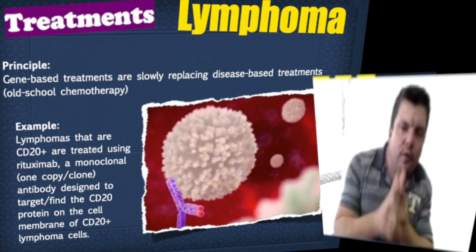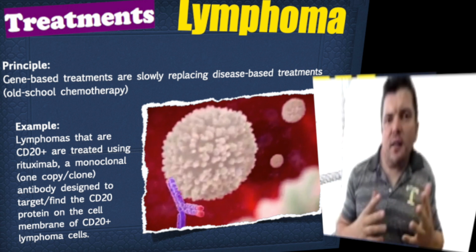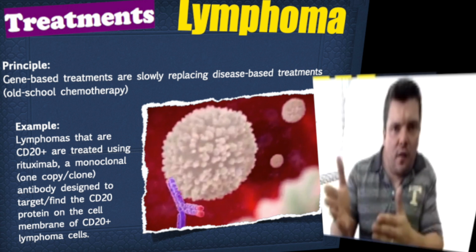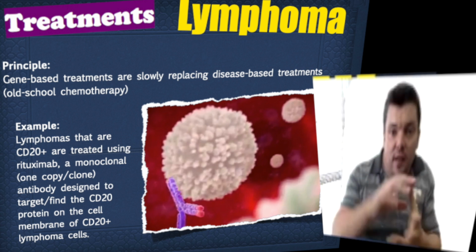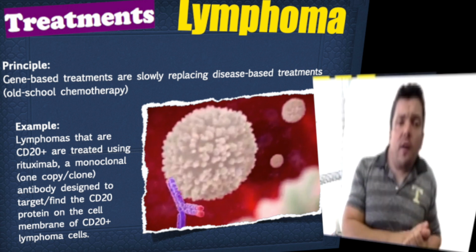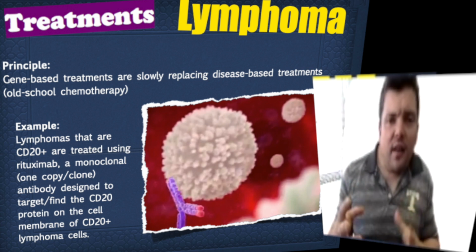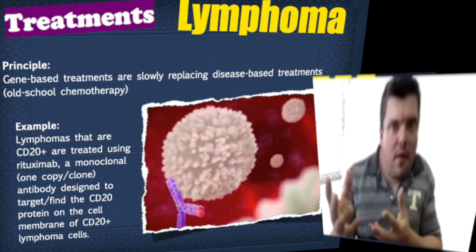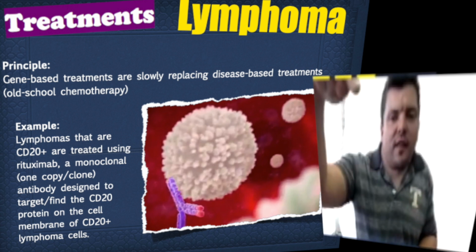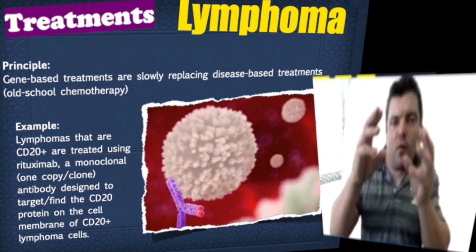Here's a real-world example of that phenomenon. Many lymphoma cells express or overexpress a cluster of differentiation cell surface protein called CD20. There's a drug called rituximab that is basically made to target CD20 specifically. You can see in the picture that little purple antibody, that's a rituximab monoclonal antibody.